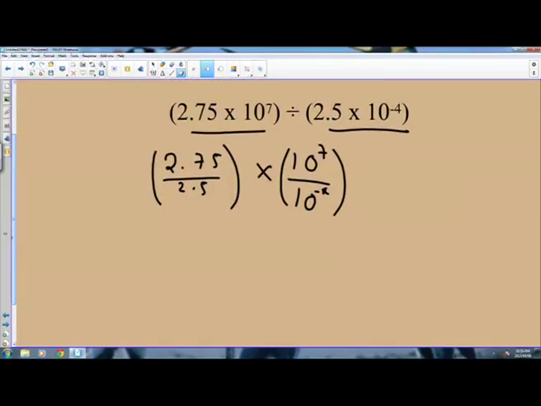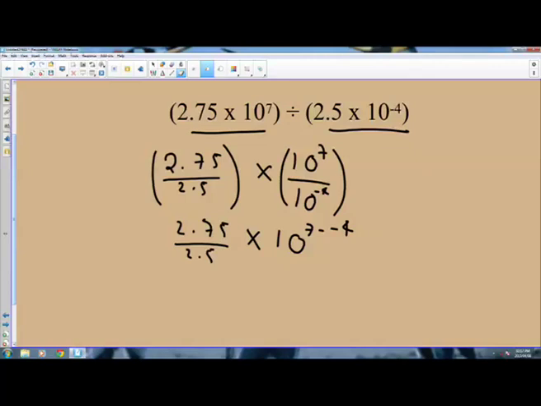Now, this will be 2.75 divided by 2.5 times 10 to the power 7 divided by 10 to the power negative 4, which is just 10 to the power 7 minus negative 4. It's minus because we are dividing, and when we divide you subtract the powers.